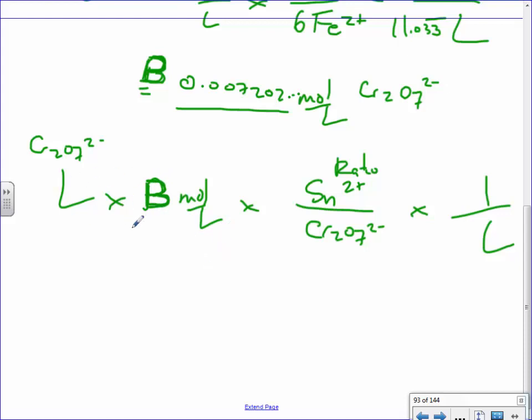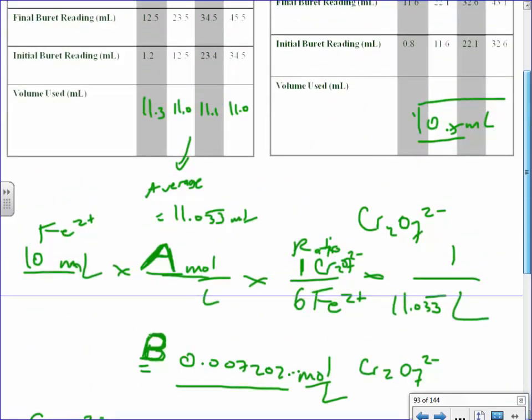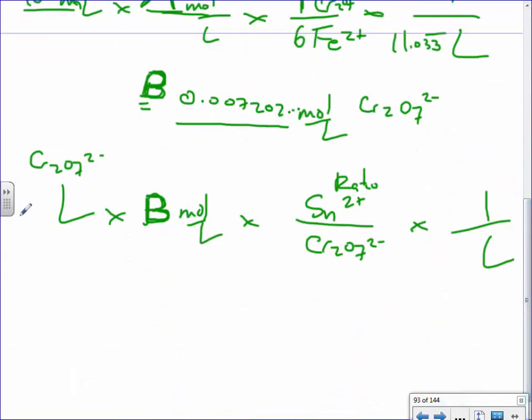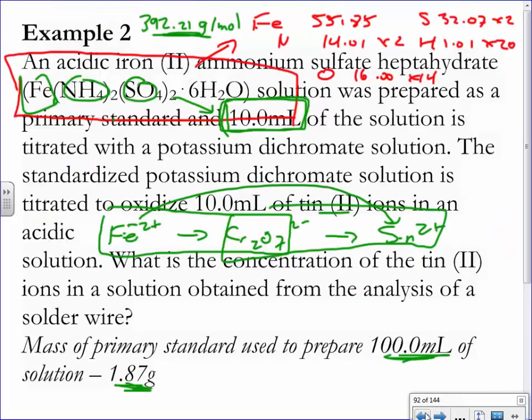Do I know how much dichromate I used? Yeah, isn't that what we just calculated right here? This is the dichromate we used. It was 10.5. So make sure you get the numbers in the right spot. The 10.5 milliliters goes here. I need to know how much tin I used in my sample every time. I think that's on the previous page.